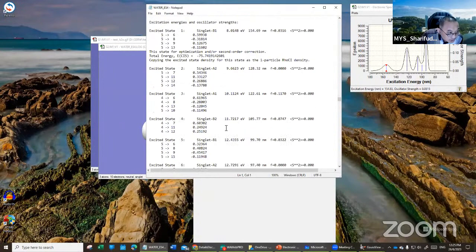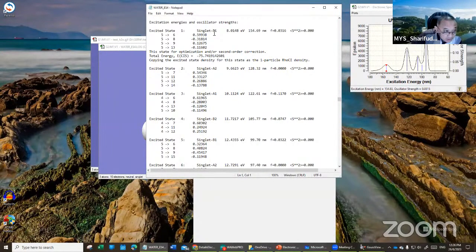Okay. So we start from here. Excitation energies, can you see? And oscillator strength up here. Excited state 1. This is the B1 excited state. So singlet B1, 1B1.